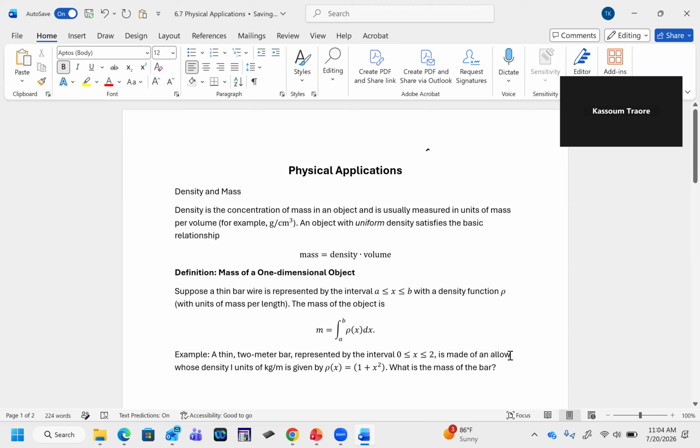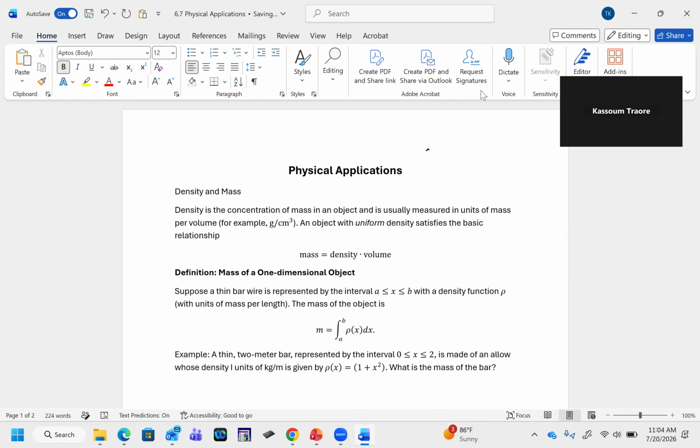So this symbol name is rho, is a Greek letter, but you can call it p. It's just a symbol, okay? With unit of mass per length, the mass of the object is m is equal to the integral from a to b rho x dx. So this is the formula for mass.